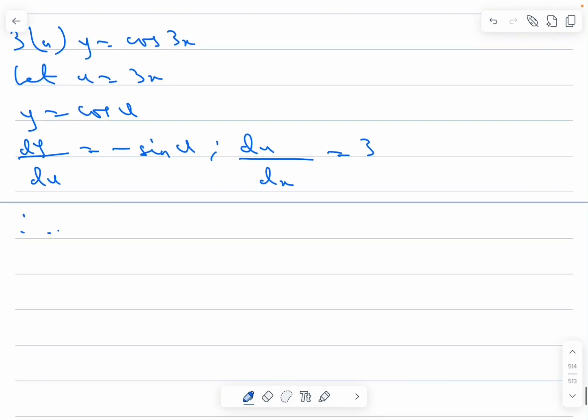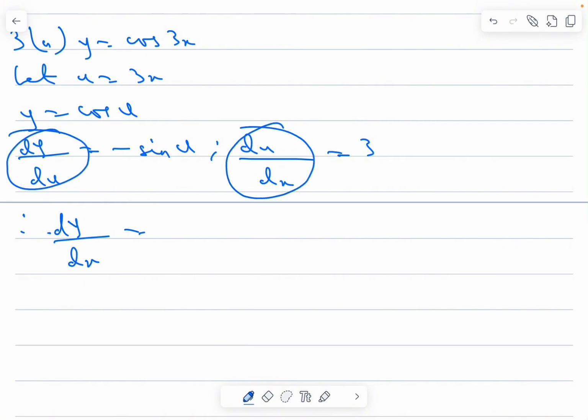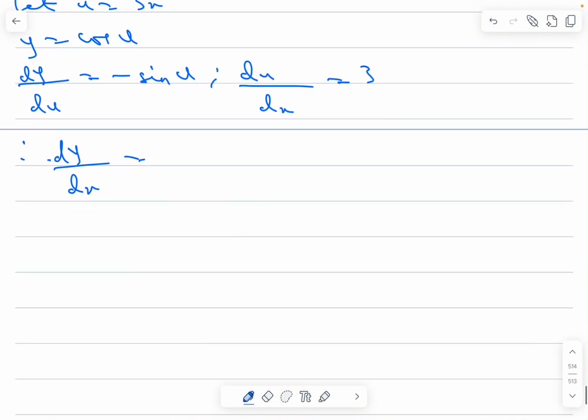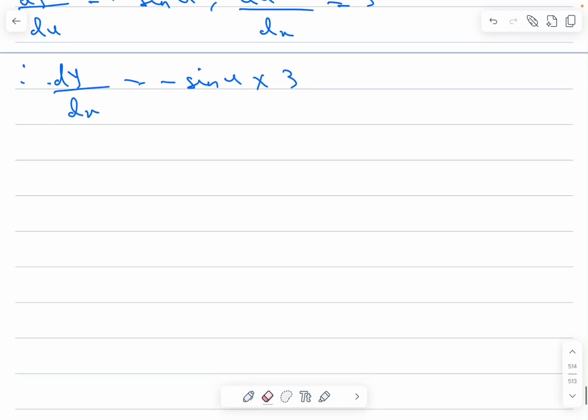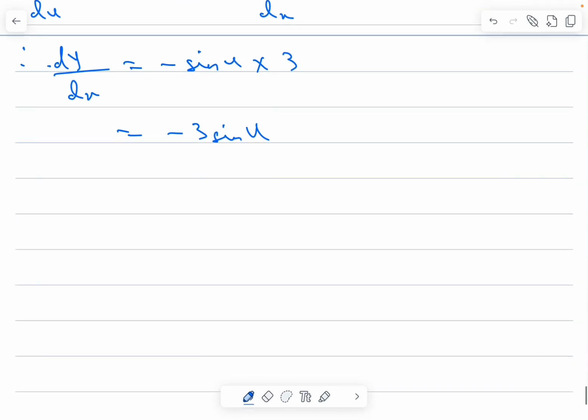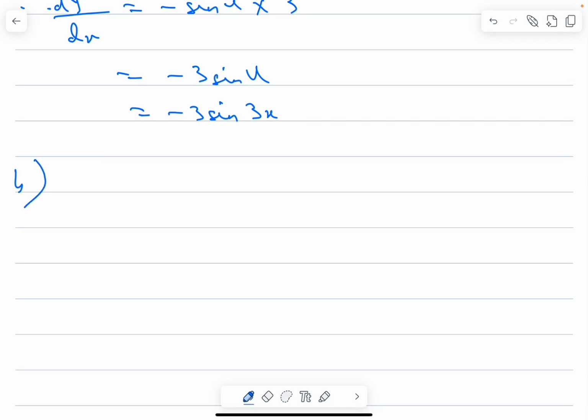So dy/dx, which is dy/du times du/dx, will be equal to minus sine u times 3, which is minus 3 sine u, and that simply means minus 3 sine 3x. We know what u is. U is 3x.